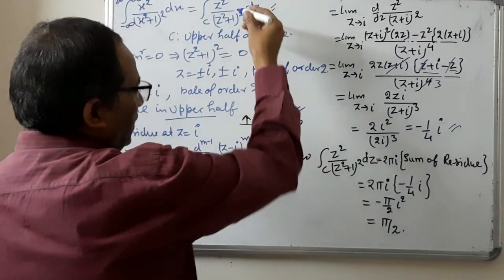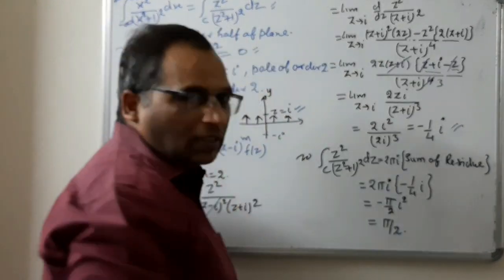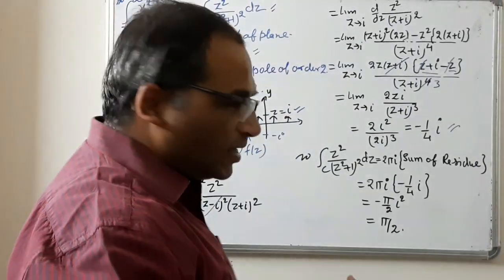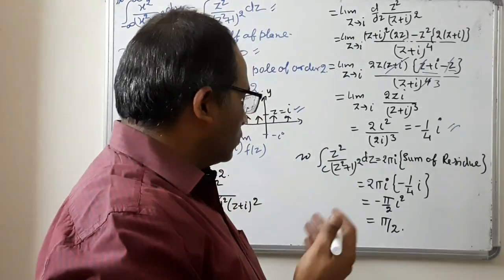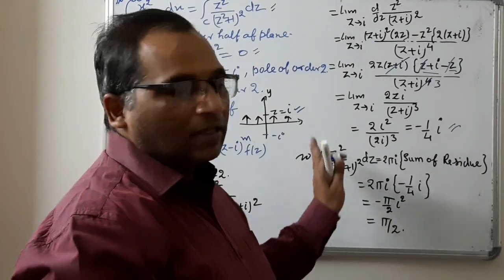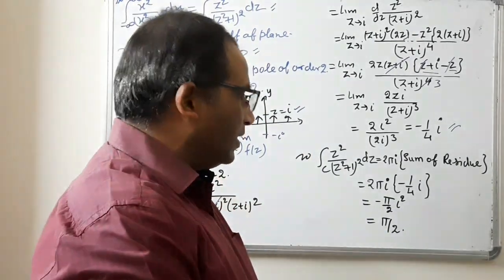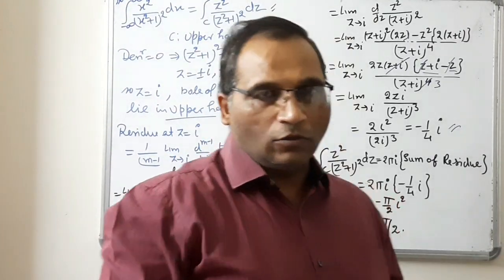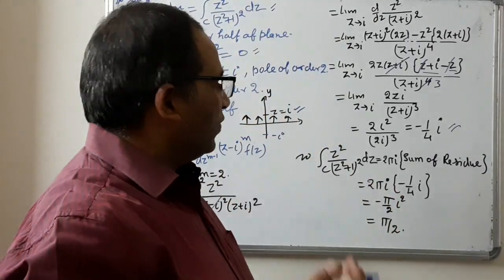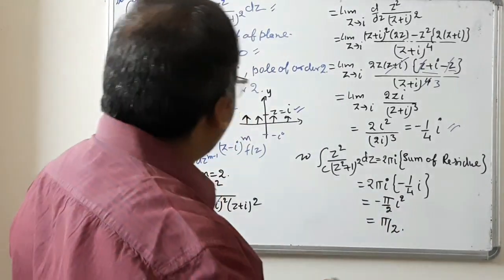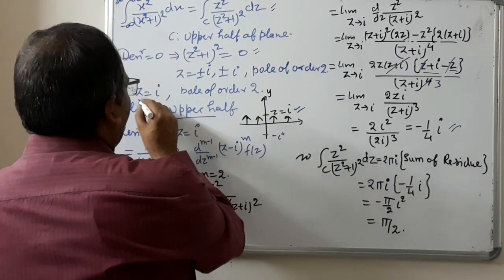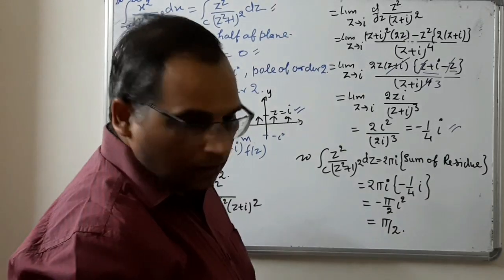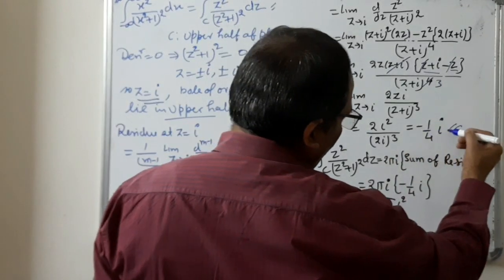So the value of this integration can be obtained using the Cauchy residue theorem. What is the Cauchy residue theorem? The Cauchy residue theorem says that the value of the integration will be equal to 2 pi i into the sum of residues of the poles which lie in the given region. And here only one pole, z equals i, lies in the given region, and the residue is equal to minus 1 upon 4i.